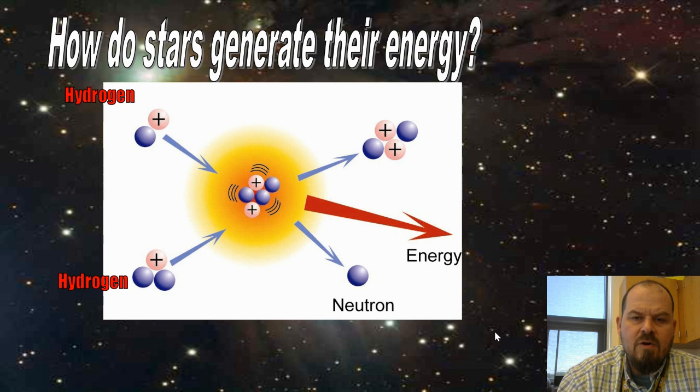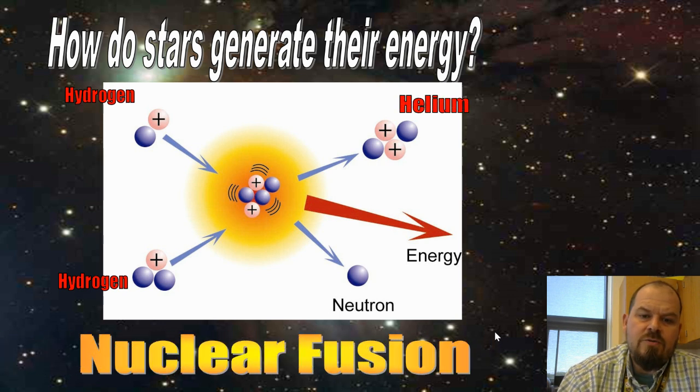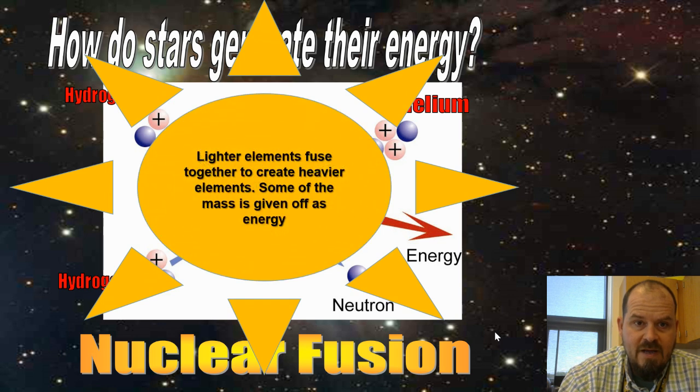Then I can form a new atom, helium, and it gives off a neutron and energy. So nuclear fusion, taking two atoms and smashing them together into a bigger atom, releases an amazing amount of energy.